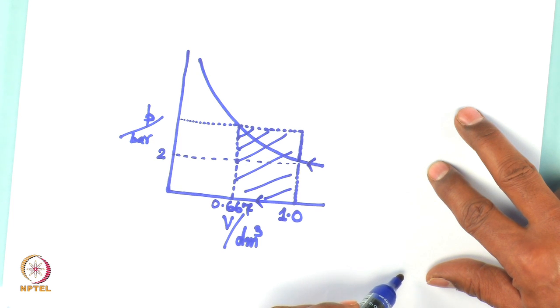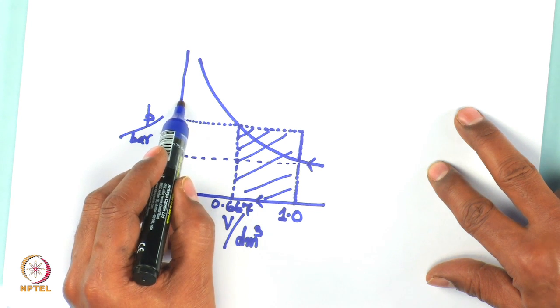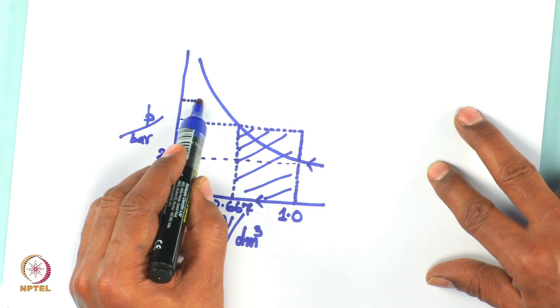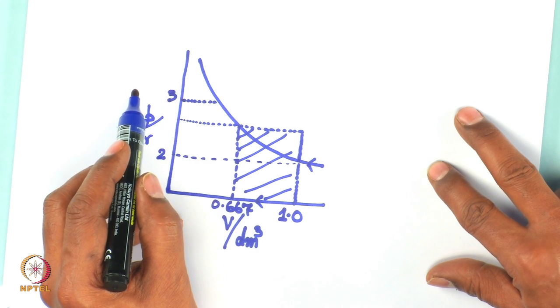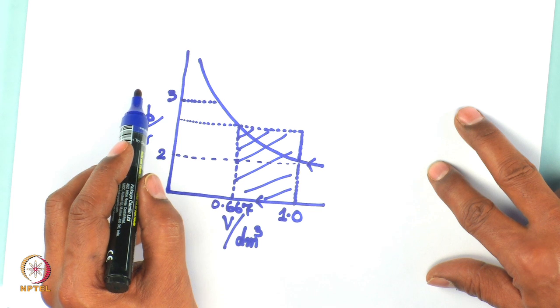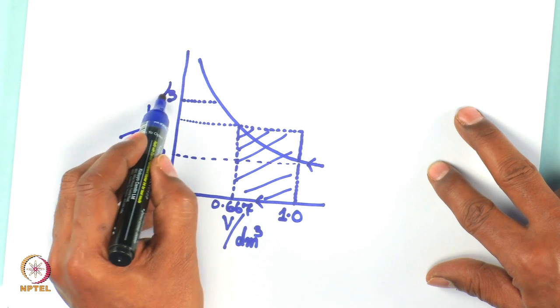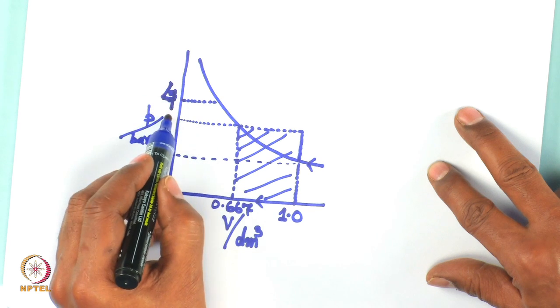And then in the second step, it is now compressed to 0.5 decimeter cube against a pressure of 4 bar. Now, let us say if I put this as 4 bar, this is 4, sorry, this is 3.